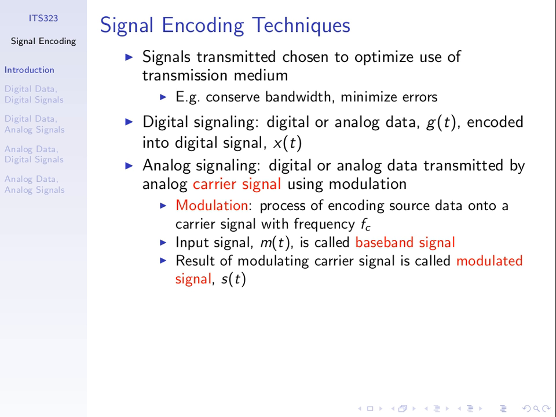So if we have digital data, we encode it into a digital signal. Or if we have analog data, like voice, we can encode it into a digital signal and transmit the digital signal. Analog signaling is when we use analog signals, for either digital or analog data.